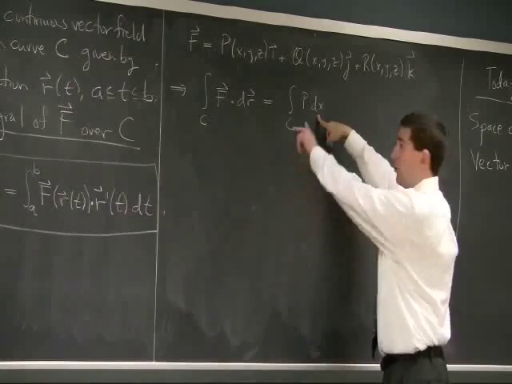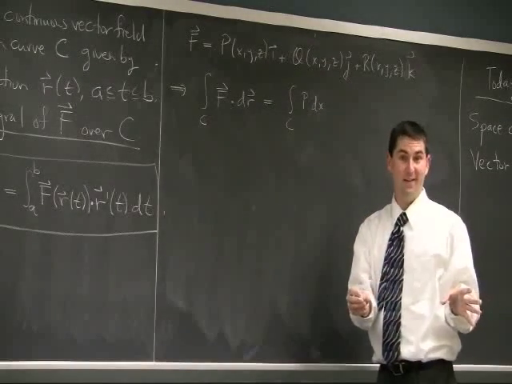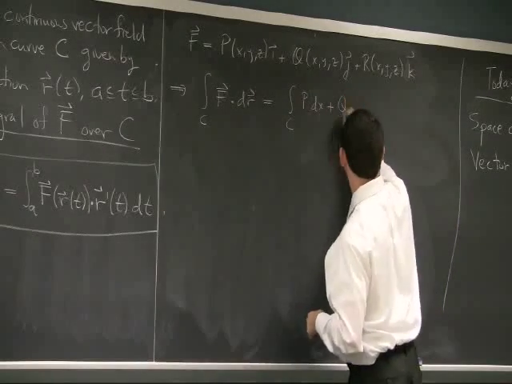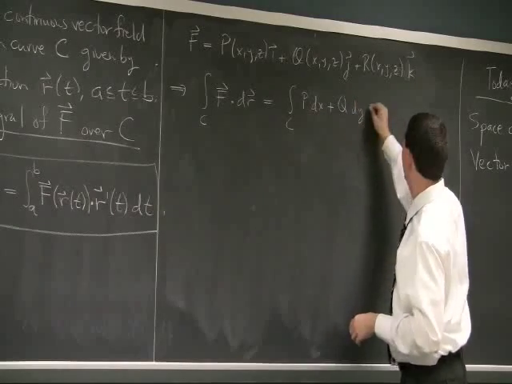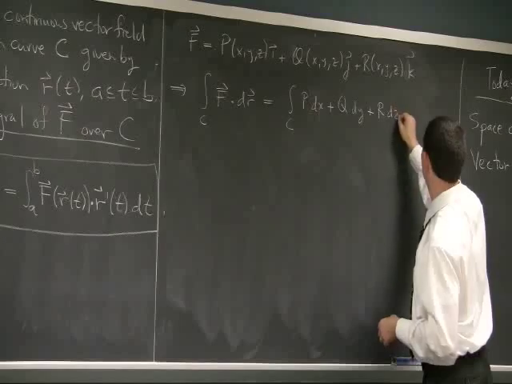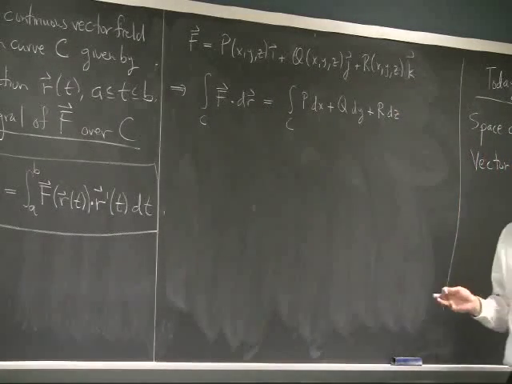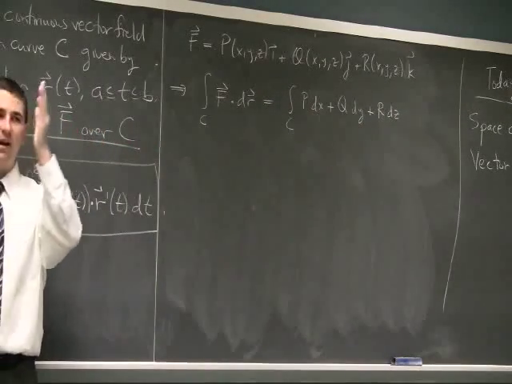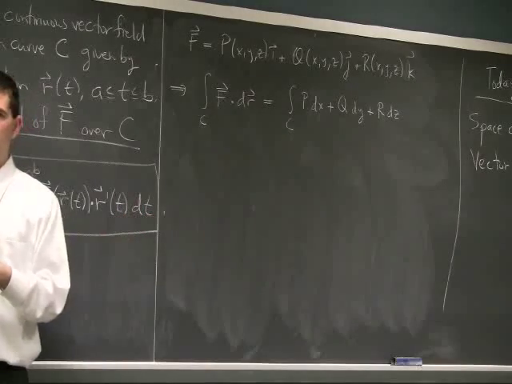So this is a line integral, and P is now just a scalar function, so it's what we did yesterday. Plus you integrate Q over C with respect to y, plus you integrate R over C with respect to z. So actually, integrating a vector field amounts to integrating the individual component parts and then adding those up.